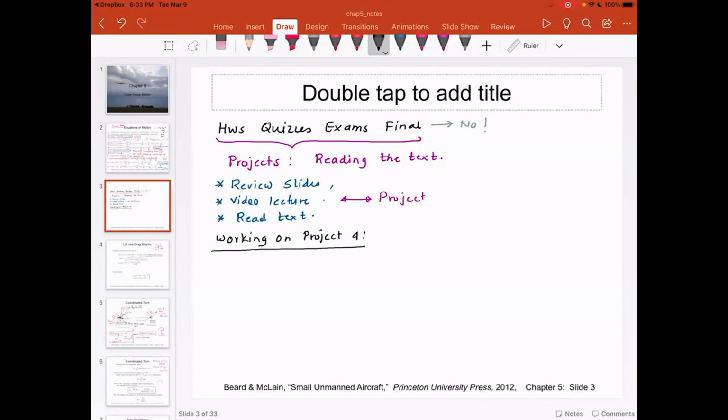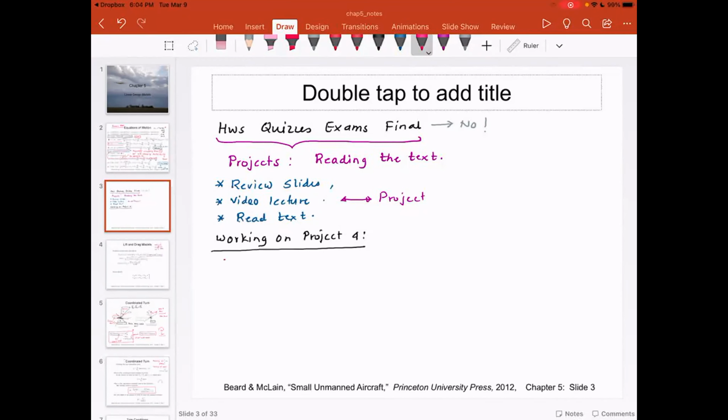First, I'll briefly go through what this project is looking for. Then I will outline the relevant sections in the textbook that will give you hints to solve the problem, and then I will work through project 4.